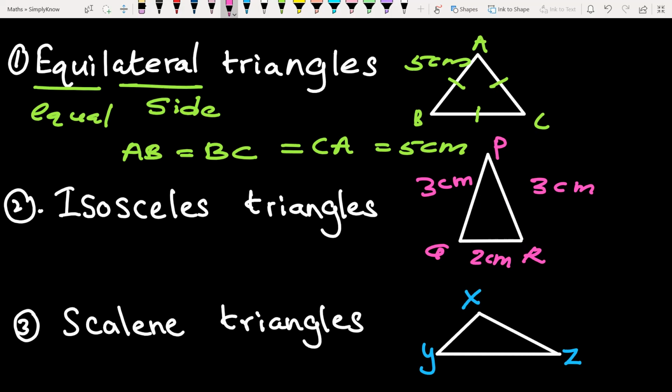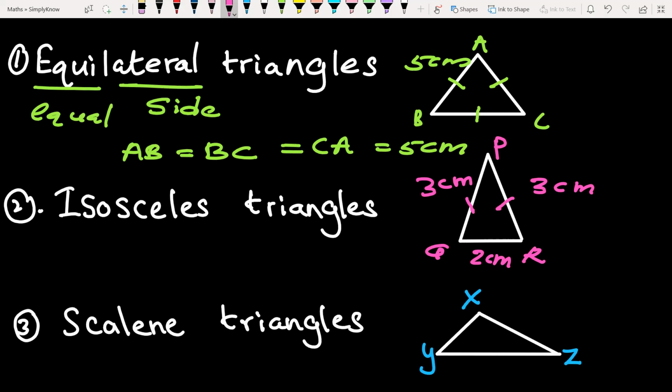The second type of triangle is the isosceles triangle. It is a triangle that has two equal sides. Any two sides out of three sides can be equal. Look at this triangle PQR.